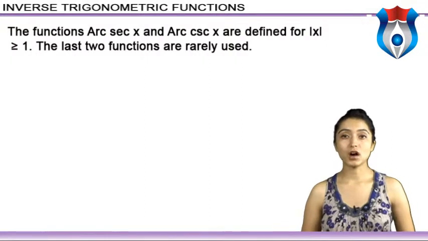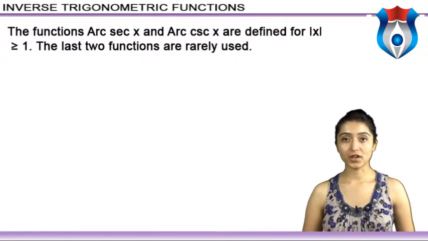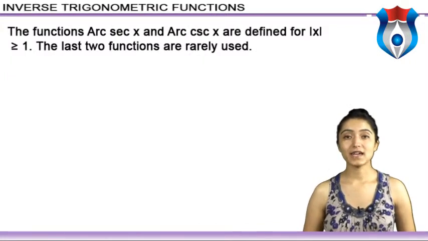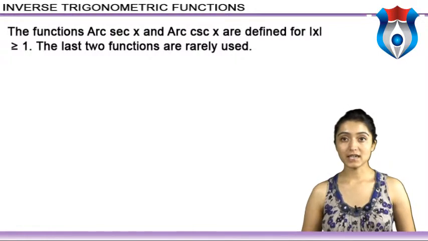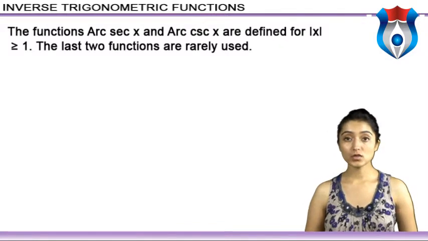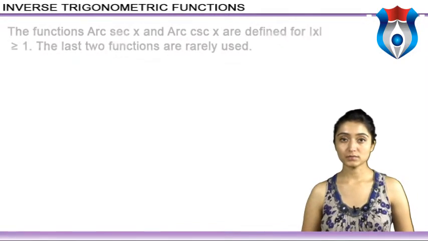The functions arc tan x and arc cot x are defined for all real x, and the functions arc sec x and arc csc x are defined for mod x greater than or equal to 1. The last two functions are rarely used.